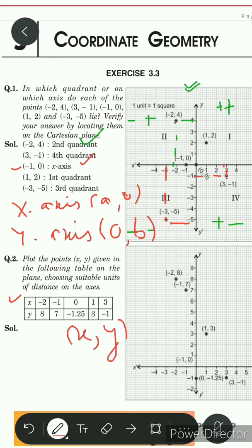So the first point is negative 2 comma 8. Represent minus 2 comma 8. The rest of the points are clearly mentioned here. You go through it. You can take a screenshot or you may do it neatly in your copy.